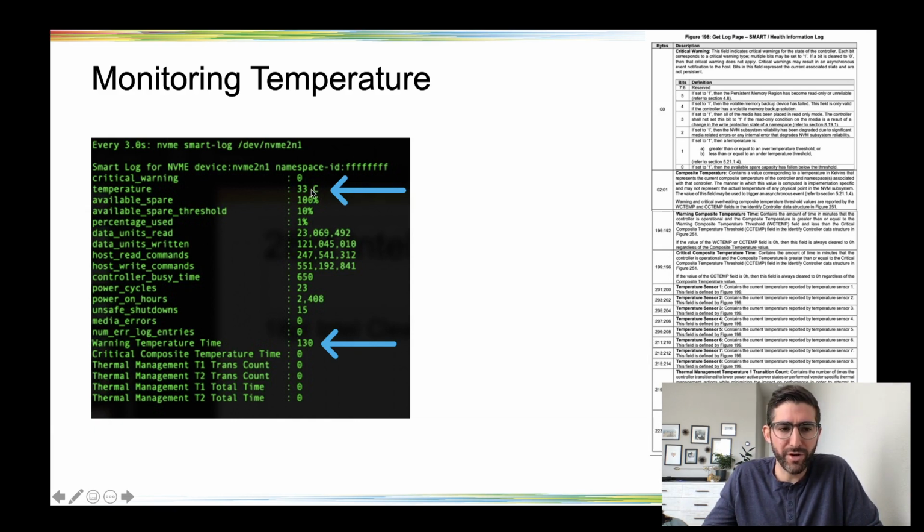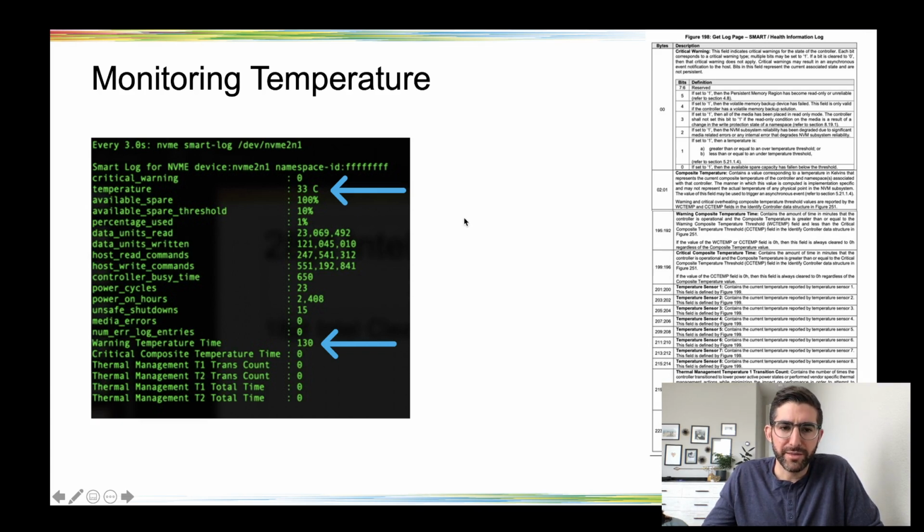Basically, when the drive was overheating, when it was over the critical temp, the smart log critical warning bit changed to 0x2. And you can look back here at the critical warning bit. This bit is set to 1 if a temperature is greater than or equal to an over temperature threshold or less than or equal to an under temperature threshold.